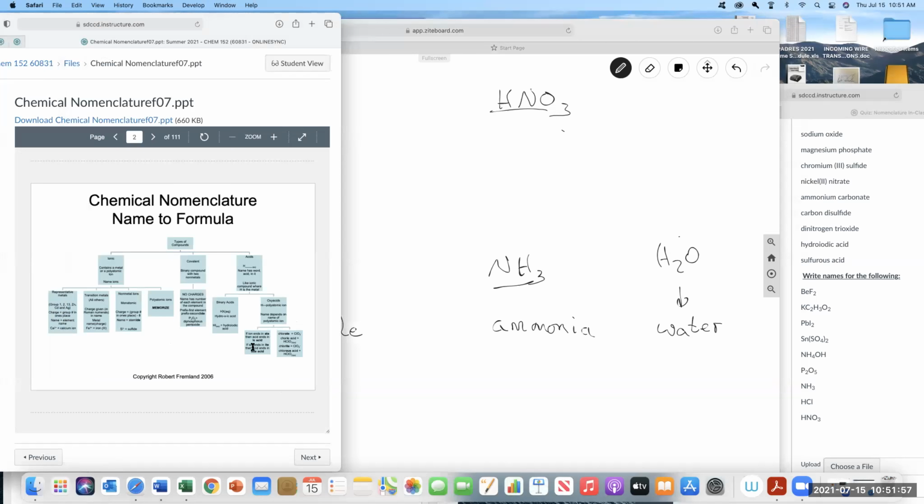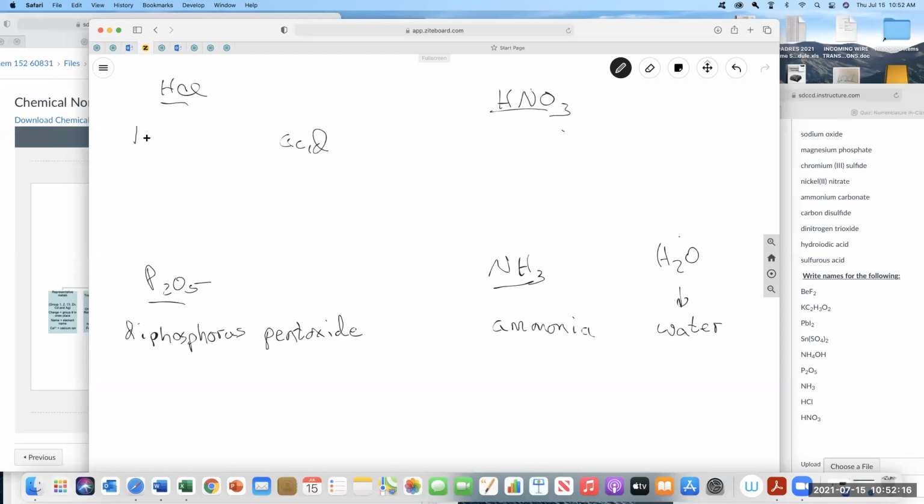For binary acids, we just call it hydro and then the stem name of the other element, ic acid. This is chlorine, so hydrochloric acid. So this is going to be hydrochlor, for the chlorine, ic acid.